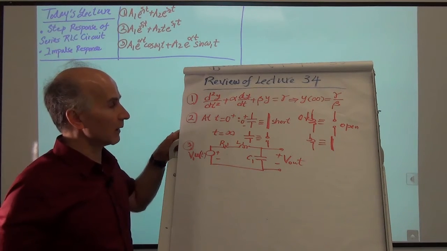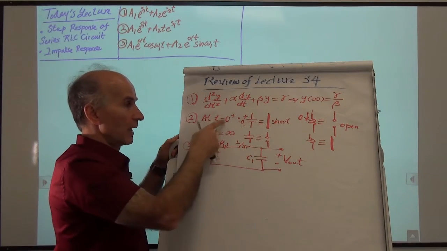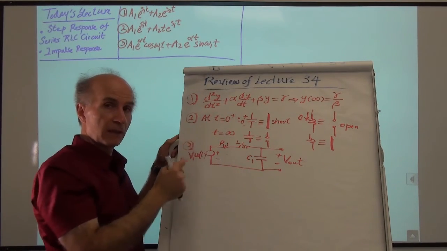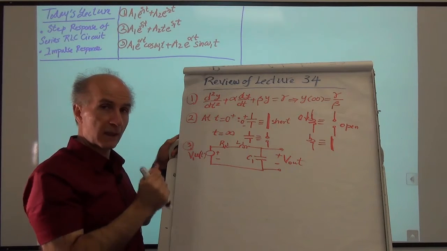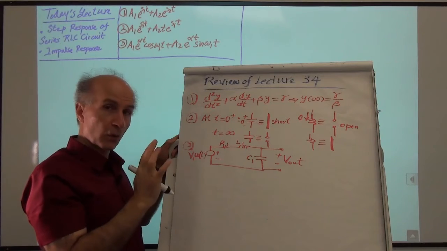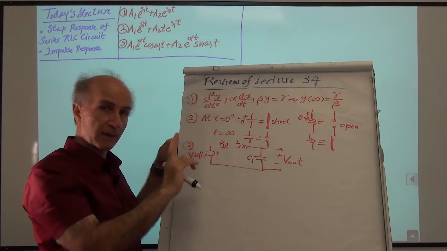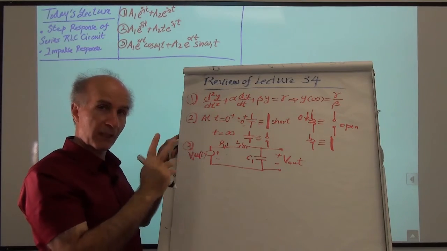All right, we also saw that the behavior of the capacitors and inductors at 0 plus and at infinity is of great interest to us in analyzing circuits. So we saw that if there's a switching event or we have some initial condition, then we have to worry about how these devices operate, how they behave.